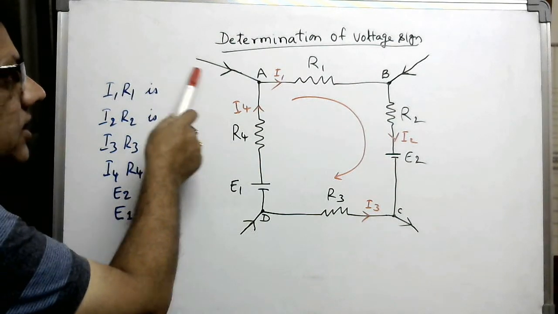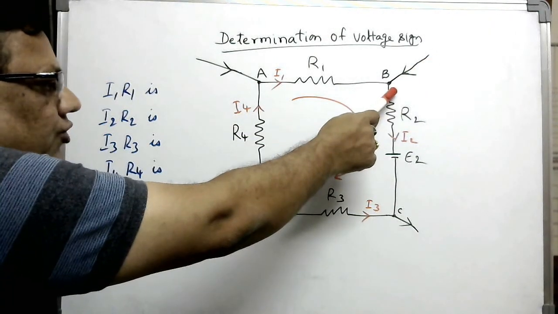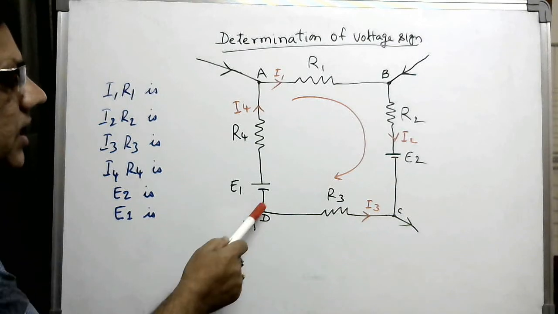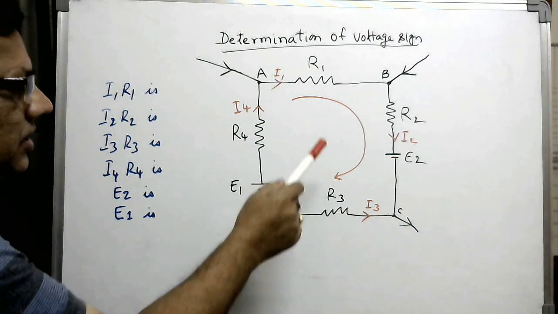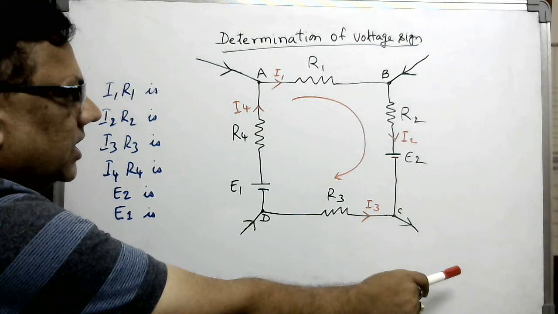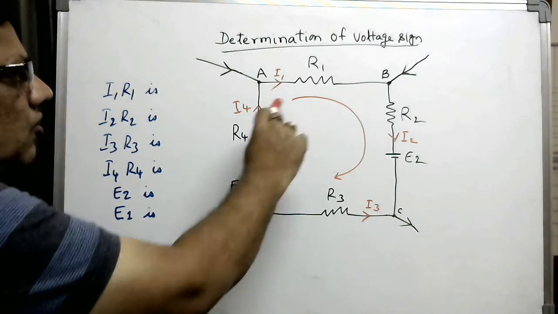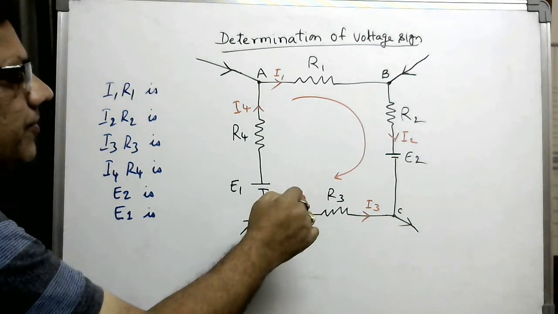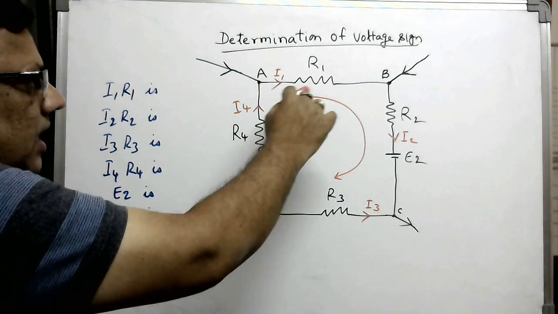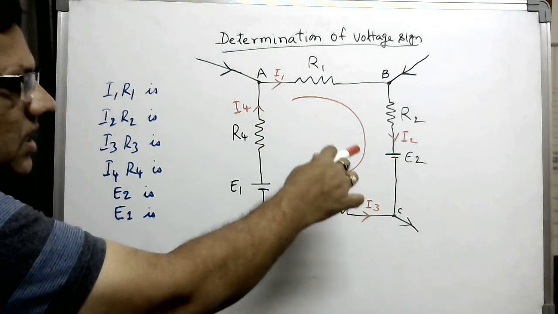The current enters into node A and another current enters into node B, and at node D another current enters into the network, and from node C the current leaves the network. The clockwise arrow is shown, meaning we will analyze this circuit in the clockwise direction, that is mesh analysis.